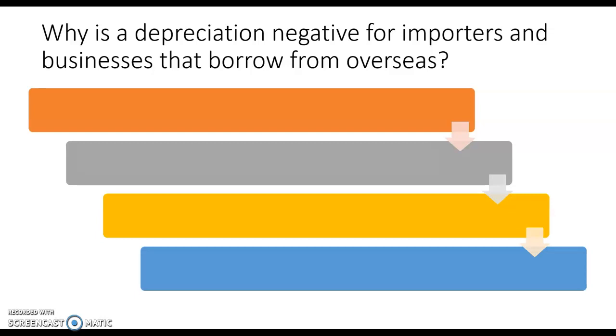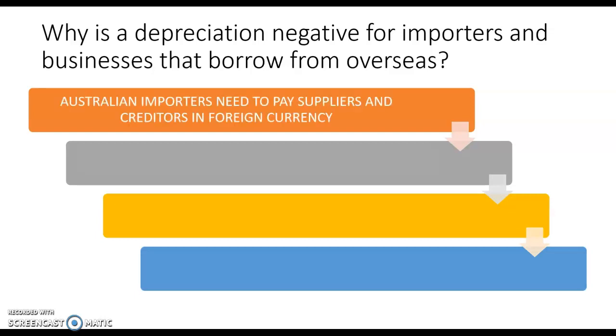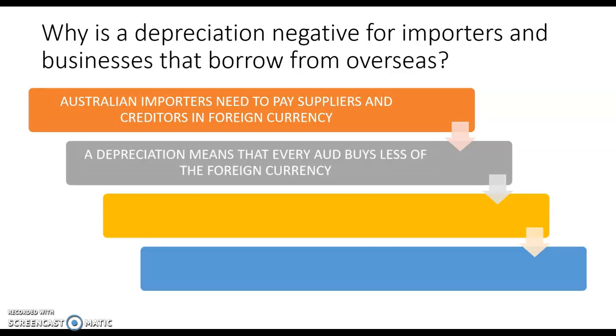A depreciation is negative for importers and businesses that are going to be borrowing from overseas for the following reasons. Firstly, Australian importers and businesses that have borrowed from overseas need to pay their suppliers and creditors in foreign currency. A depreciation of the Australian dollar means that one Australian dollar now is going to buy less of each dollar of foreign currency than it did previously.